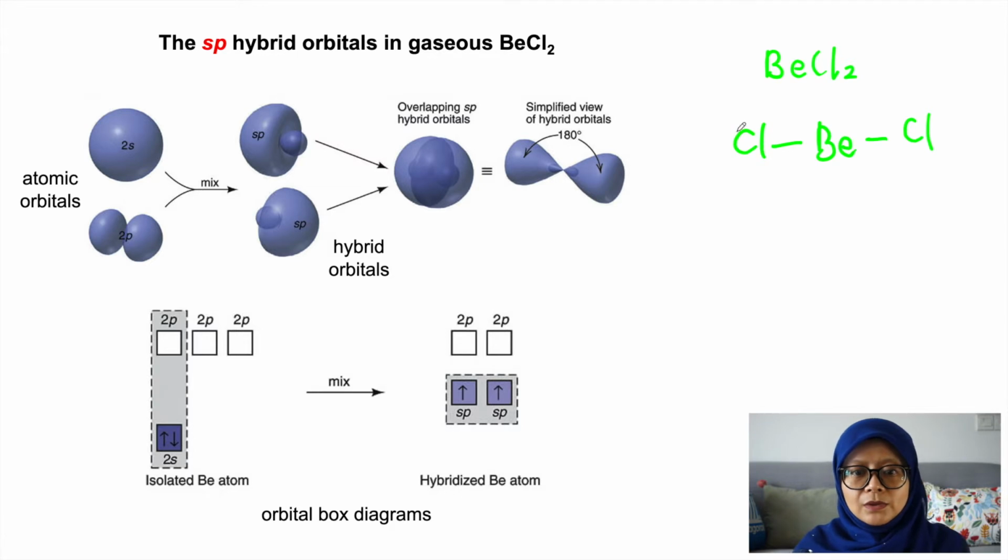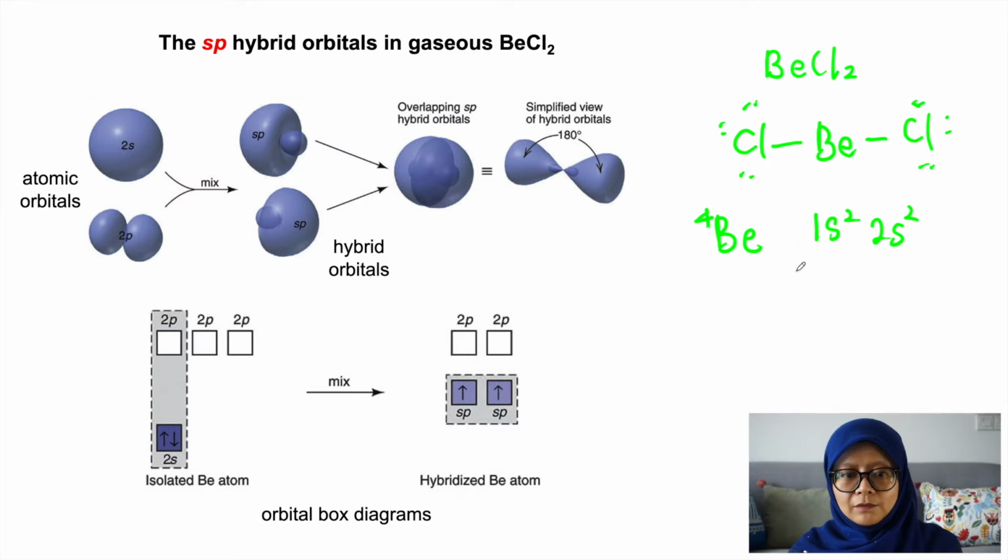Other than this, you need to make sure that you have the correct number of atoms. So this is the Lewis structure for beryllium chloride. Beryllium has proton number 4, with 1s2, 2s2 electron configuration.